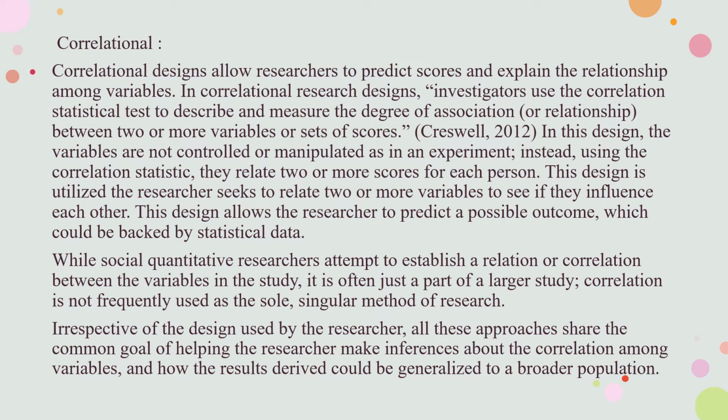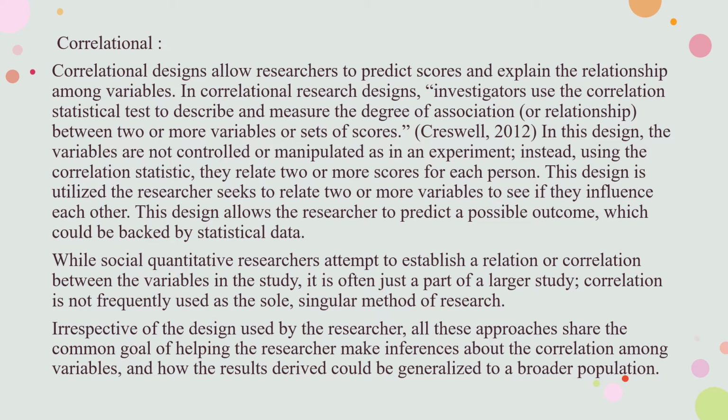This design is utilized by the researcher to relate two or more variables to see if they influence each other. It allows the researcher to predict a possible outcome, which could be backed by statistical data. While social quantitative researchers attempt to establish a relation or correlation between the variables in the study, it is often just a part of a larger study.